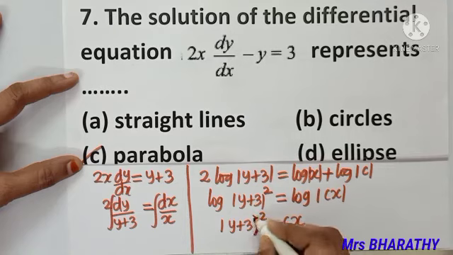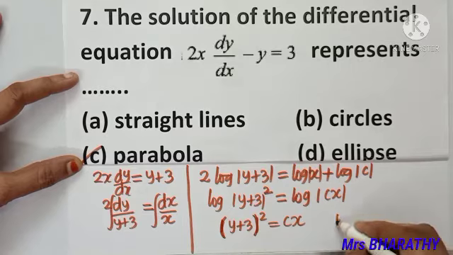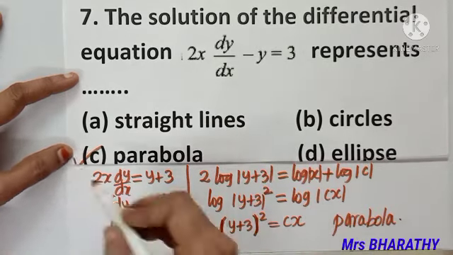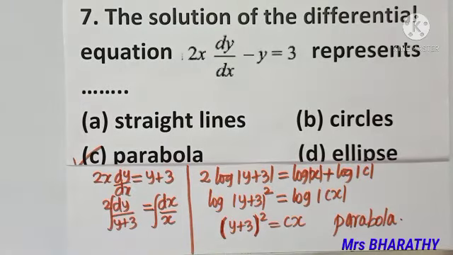As we remove logarithm, let us remove modulus symbol also. So we get y plus 3 the whole square equal to cx. This reduces to a parabola type where we have y square equals 4ax pattern. So parabola is the right choice. Option C is the correct option.